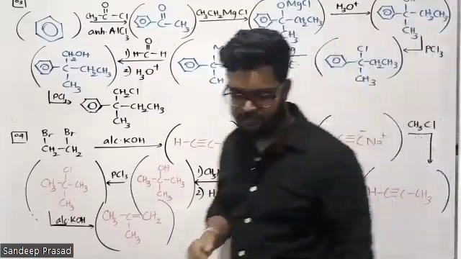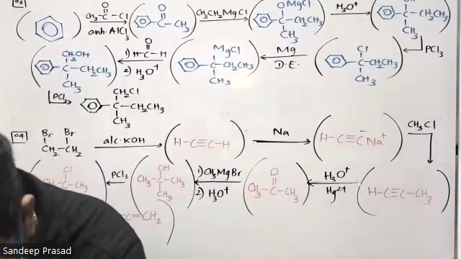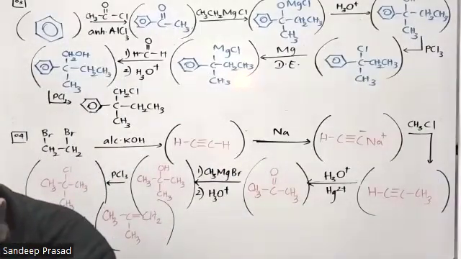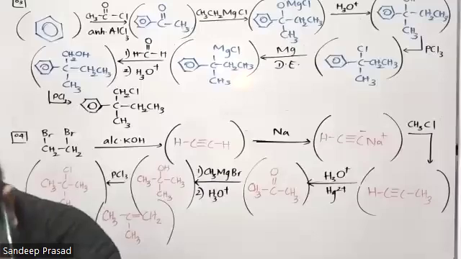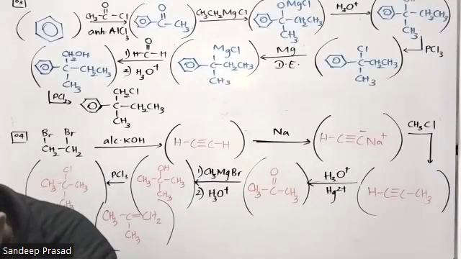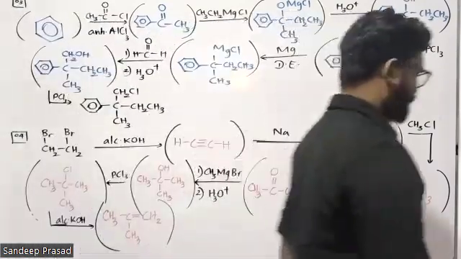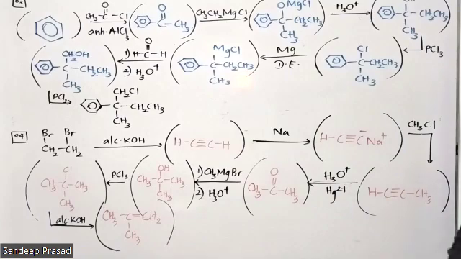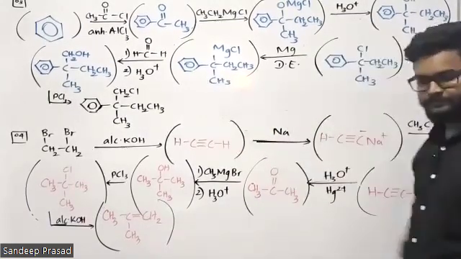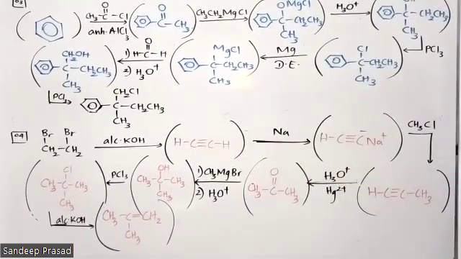Anything is fine. No, it's not wrong. Nothing wrong with that one, but you can choose any method, it doesn't matter. Both the hydrogens are acidic, so we can do both.